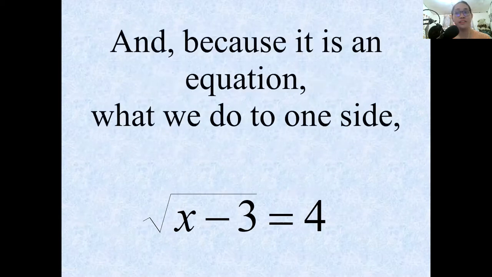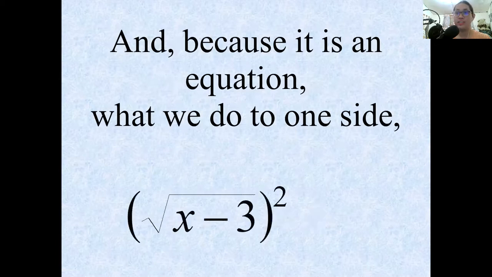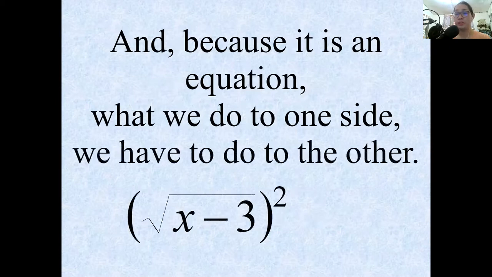And because it is an equation, what we do to one side, we have to do to the other side. So since we square the left side of the equation, we also square the right side of the equation.